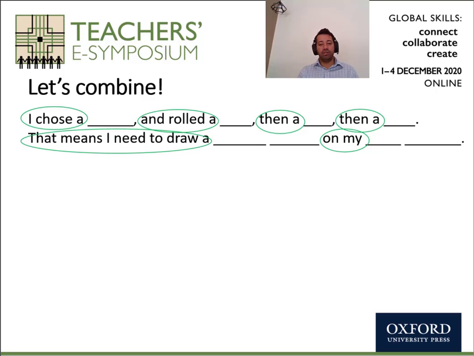And if we want, we can write it with blanks, with empty spaces like this. I chose a dash and rolled a dash, then a dash, then a dash. So that means I need to draw a dash dash on my dash's dash.